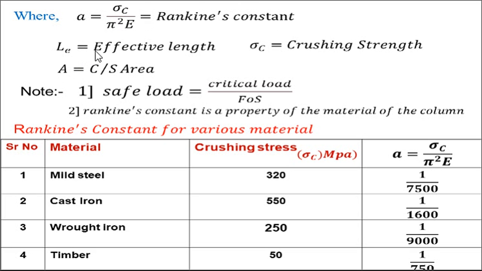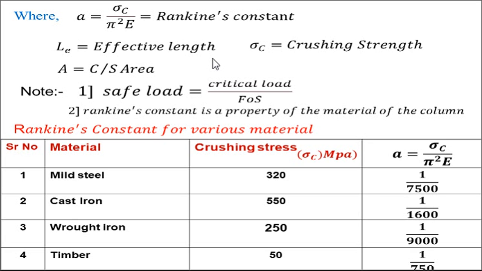Then LE, already you know, is the effective length. Many times in the problem, the effective length is not directly given. It is given as the actual length. So you have to convert the actual length into the effective length by using the appropriate relation for the different end conditions. If the two ends are fixed, or one end is fixed and the other end is free, or one end is hinged and the other end is free.